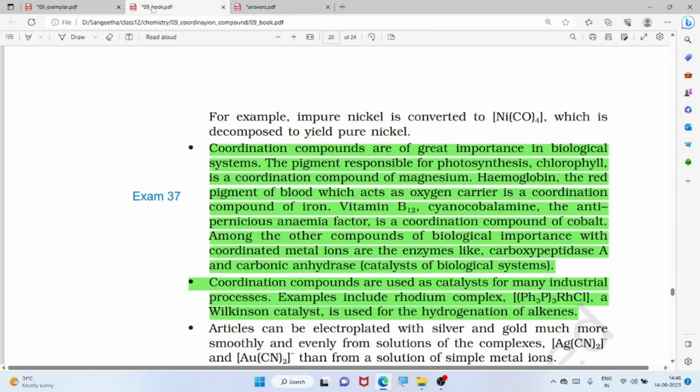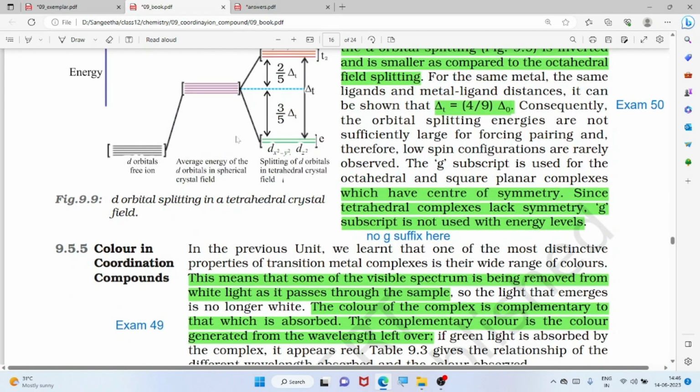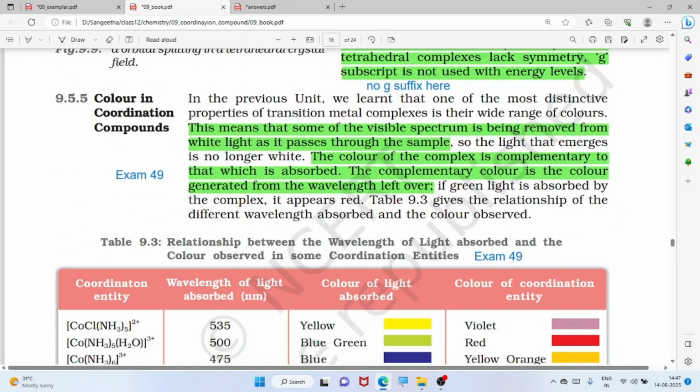See, the color of the complex is complementary to the one absorbed. Okay, this is observed. The complementary color is generated from the wavelength leftover.